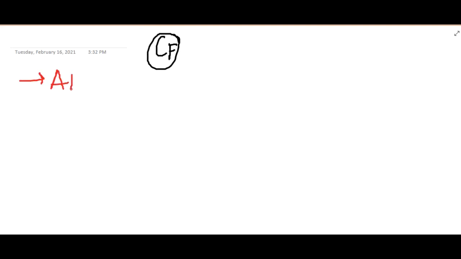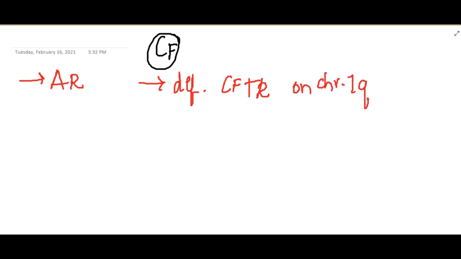Cystic fibrosis is an autosomal recessive disorder due to a defect in the cystic fibrosis transmembrane conductance regulator gene on chromosome 7q31.2.